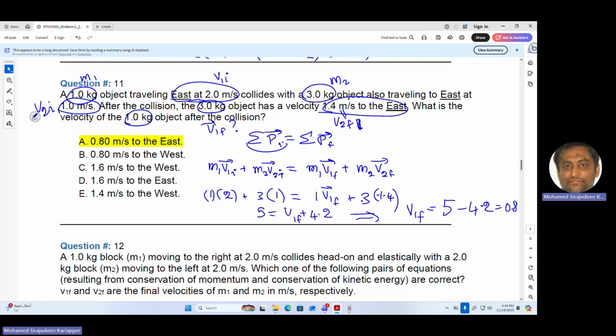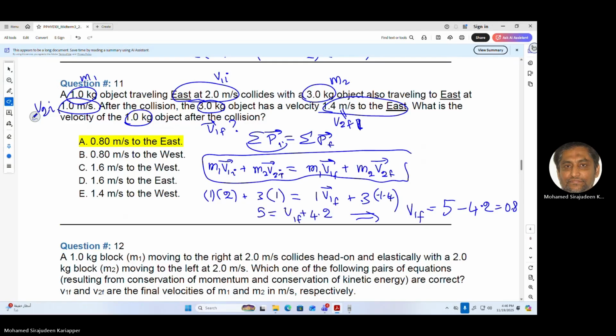Actually, I used the elastic formula and it's the same answer. No, this formula we can use for any collision. It's a conservation of momentum. It is applied to elastic collision, also inelastic collision. Yeah, that is conservation of momentum. You can apply conservation of momentum to any collision. Not because it is elastic. Whether it is elastic or inelastic, conservation of momentum is applied.